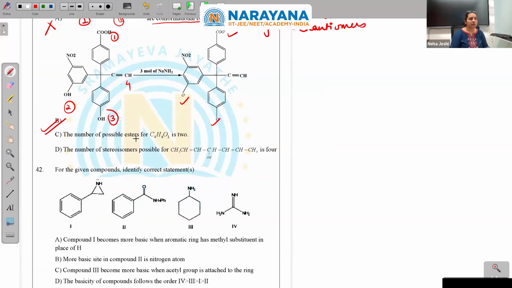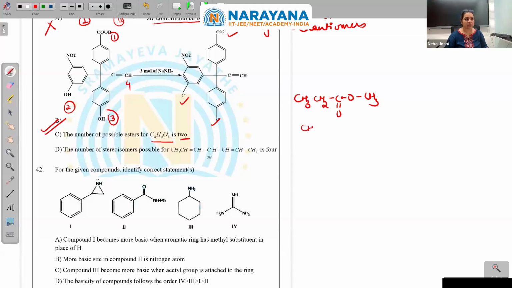The number of possible esters of C4H8O2 is given as 2. So we need to check. C4H8O2 esters: let us check CH3COOCH3. Now count the C's and H's: C4, H8, O2. Correct. So one possible ester.